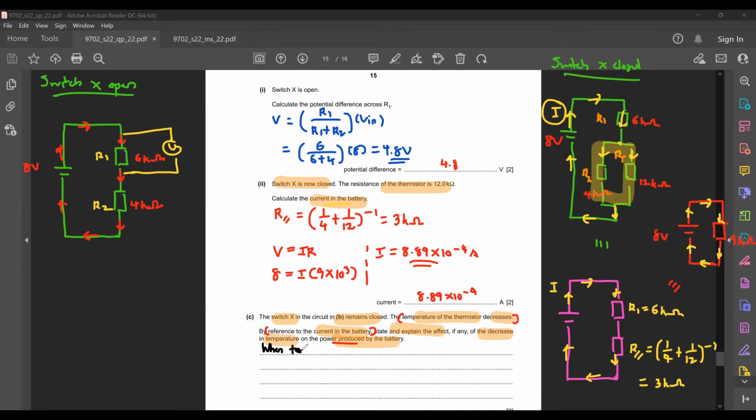When temperature decreases, thermistor resistance increases. Okay, this is one thing that you have learned for thermistor.